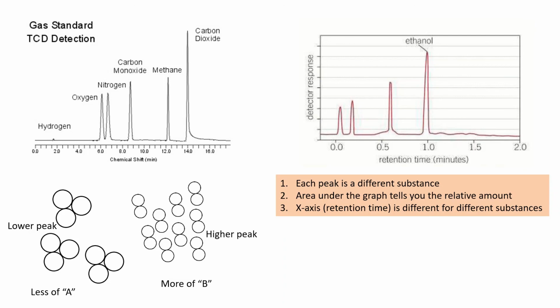Because if it's not attracted, it will just go straight through the column. So if it's attracted to the stationary phase, it will stay longer in the column, therefore the retention time is longer. And if the retention time is shorter, that means it will just go straight through the column. It is not attracted to the stationary phase.